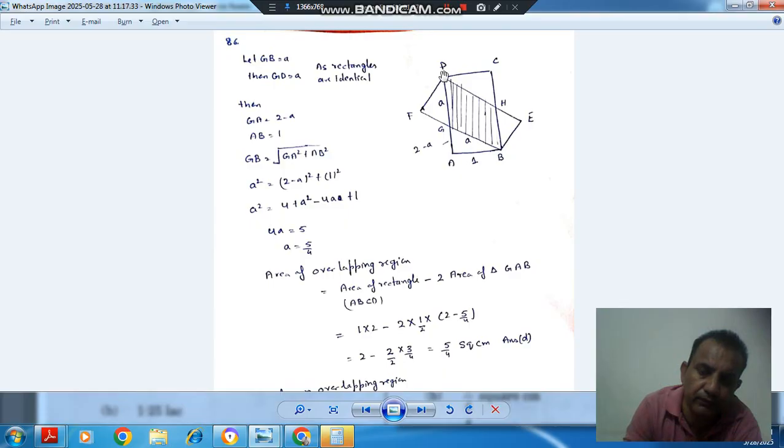This is one edge of the rectangle ABCD, and this is one edge of the rectangle FBED. So GB will be equal to GD.